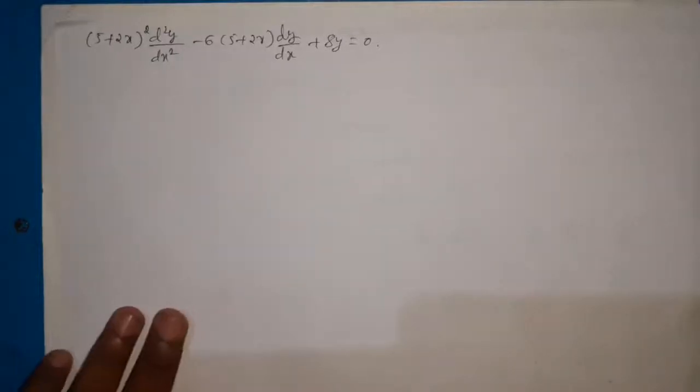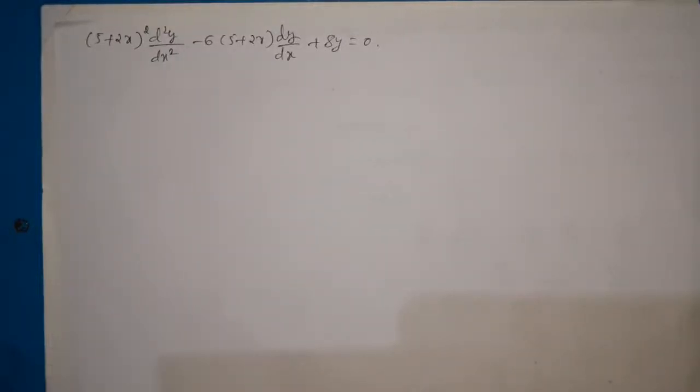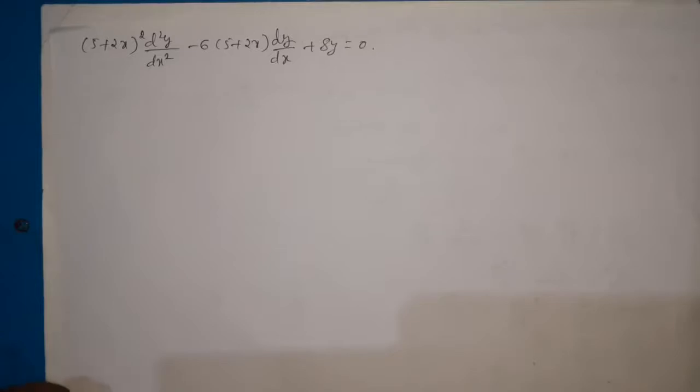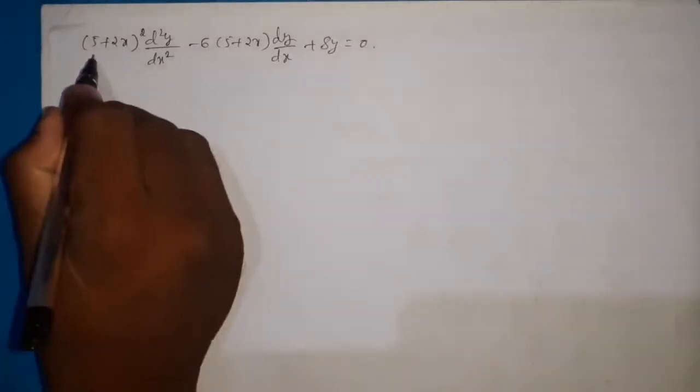Whenever the RHS is 0, it is understood that the complementary function itself is the complete solution for the given differential equation. So to solve this equation, first we need to substitute the linear expression.